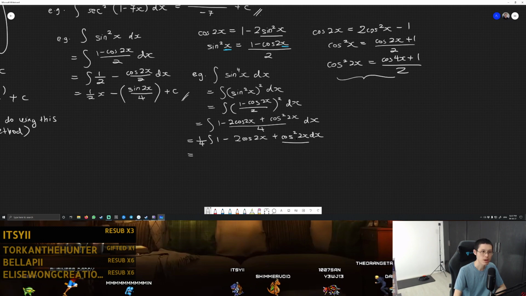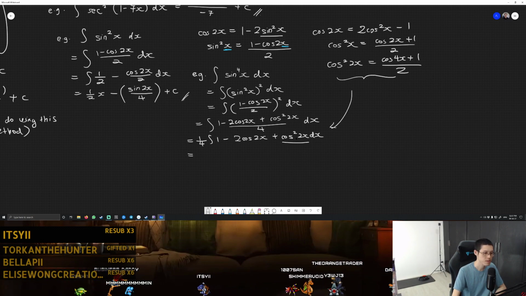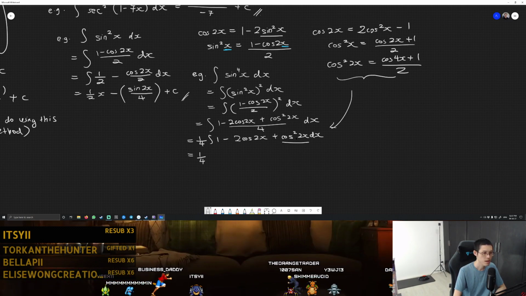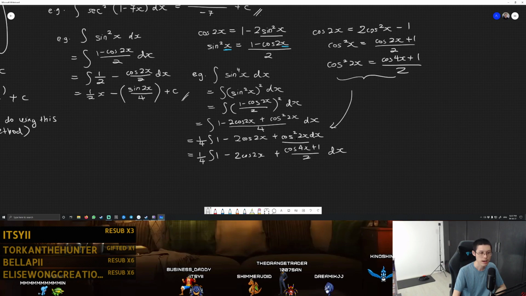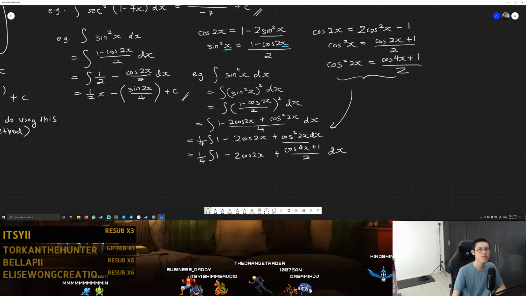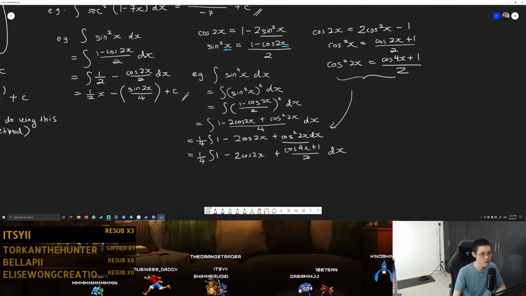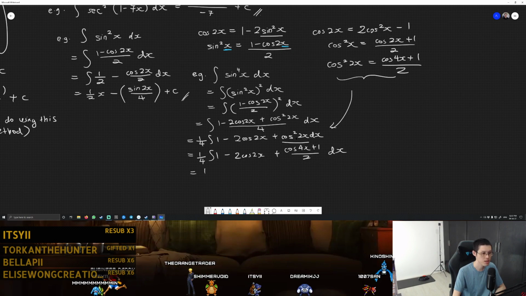Having done this, we can substitute that in here. That's going to give us 1 minus 2 cos 2x plus (cos 4x plus 1) over 2. Now everything has a power of 1, which means it is time for us to integrate each term separately.